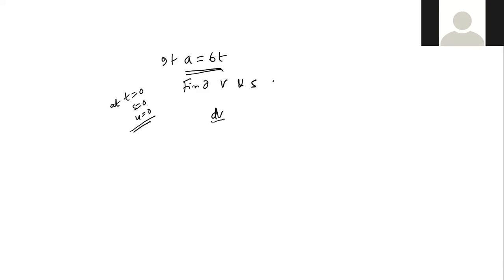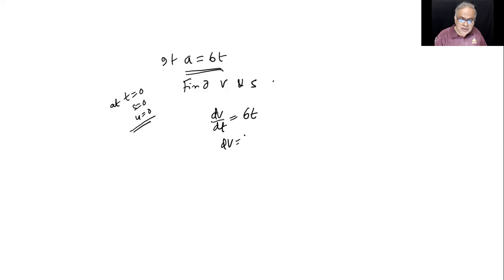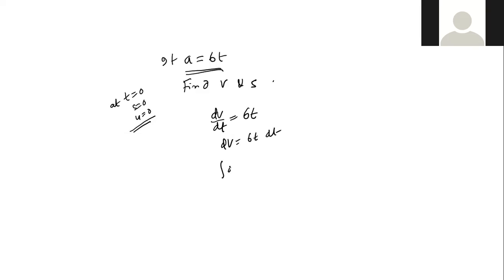Now tell me, dv by dt is equal to 60. Integral on both sides of 60 dt. I gave the same question, A equals 40 we did, now A equals 60. Initially itself, I can take 6 out instead of wasting time.